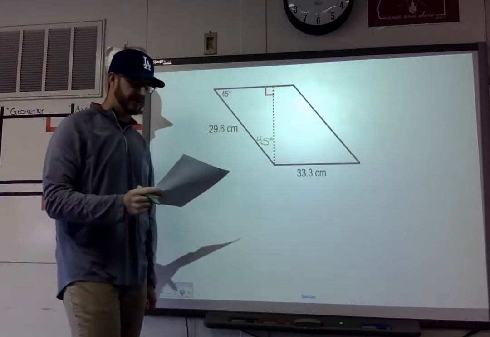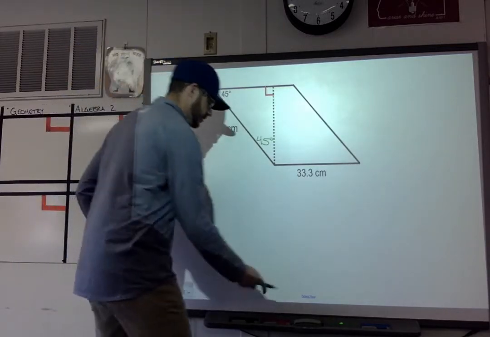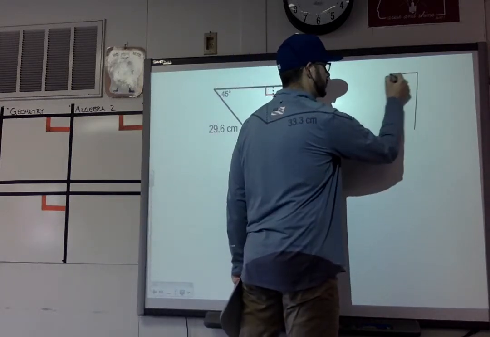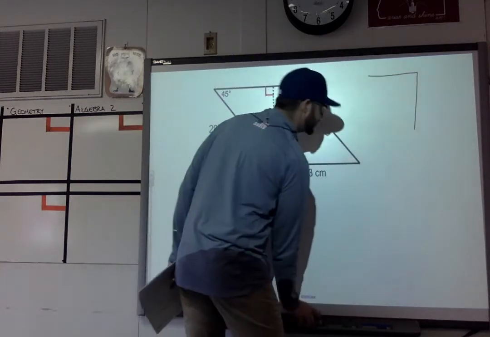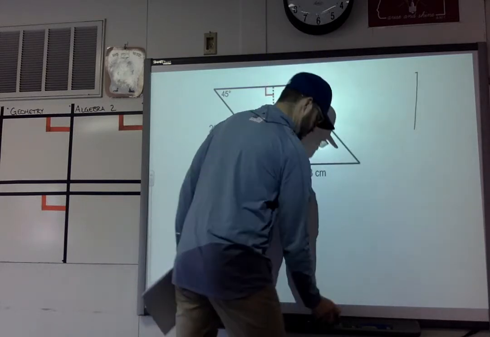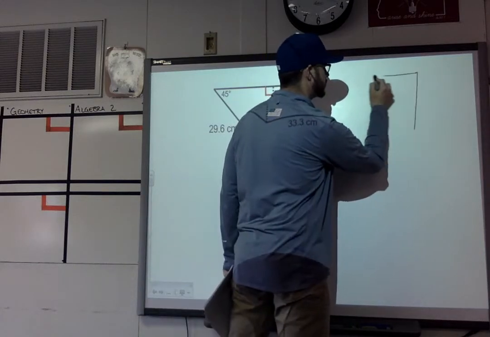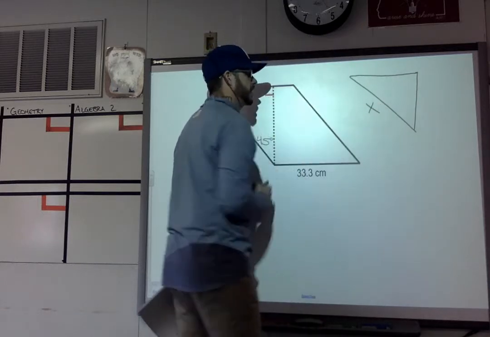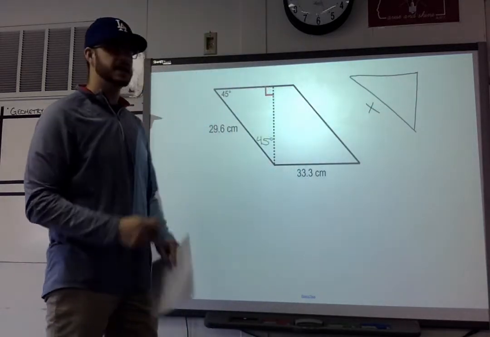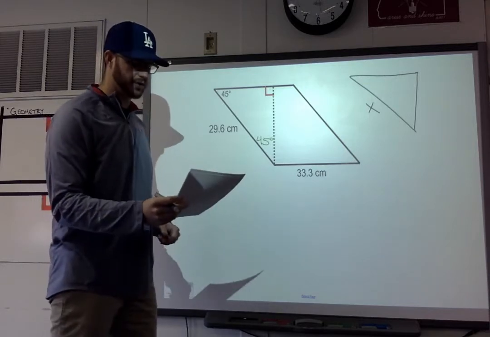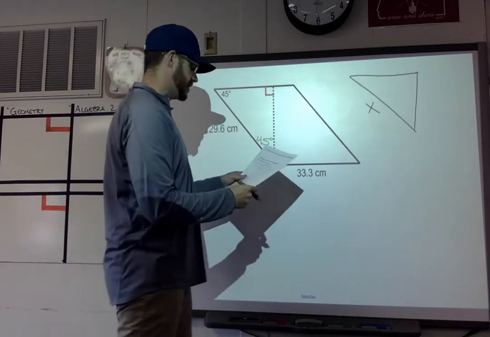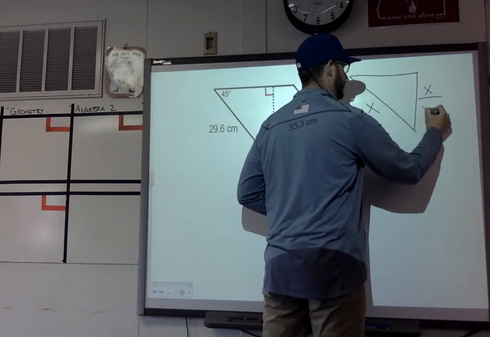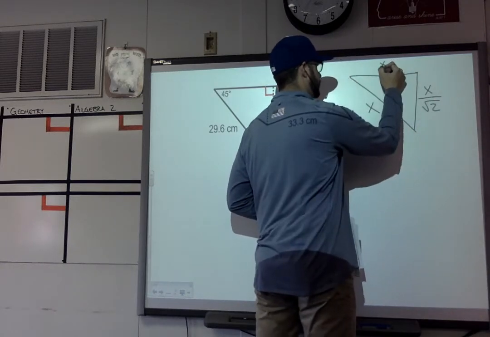And in a 45, 45, 90 triangle, if you remember back to those special rules for this type of triangle, you have your hypotenuse, which is x, and then your two legs are congruent to each other, and they are going to be x over the square root of 2.